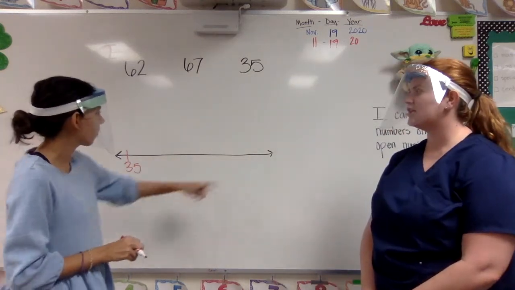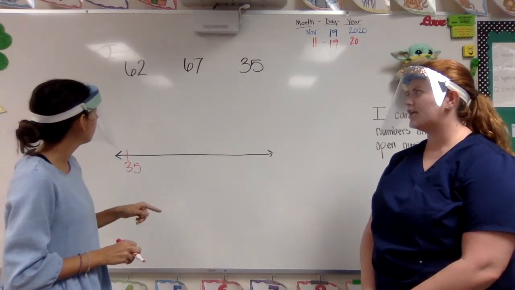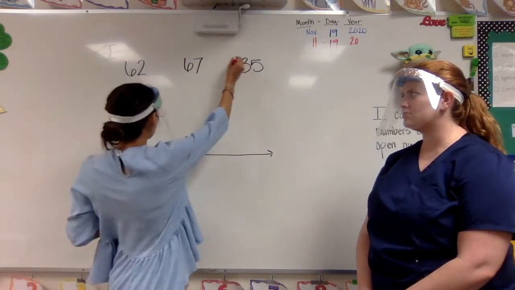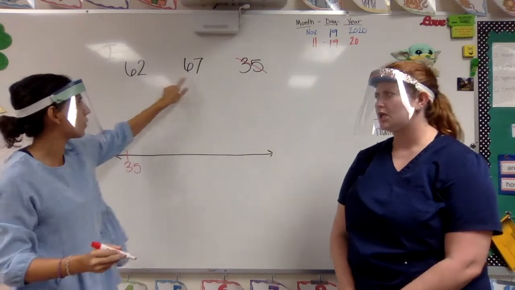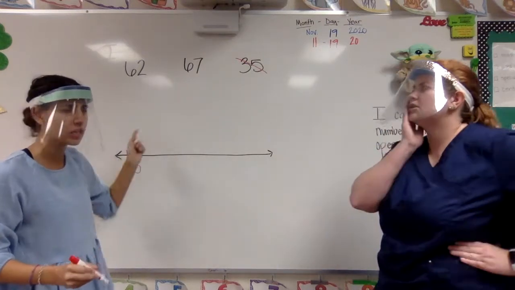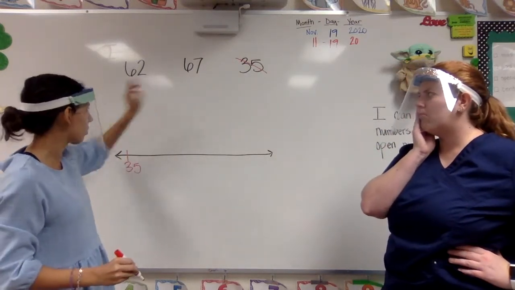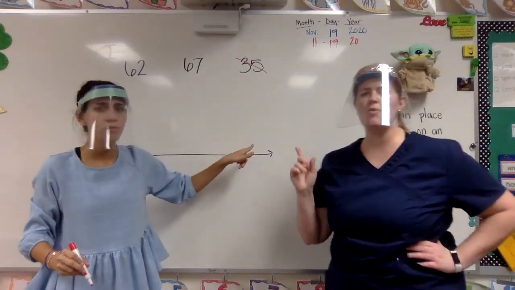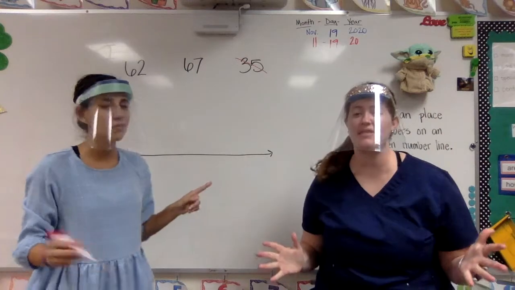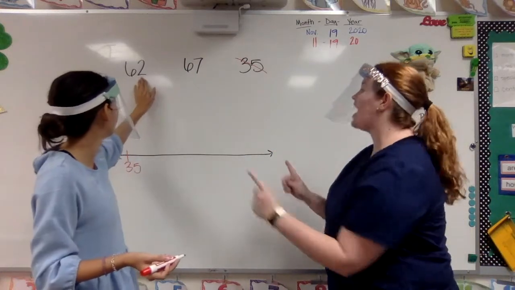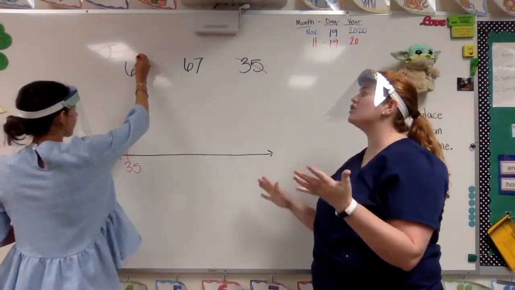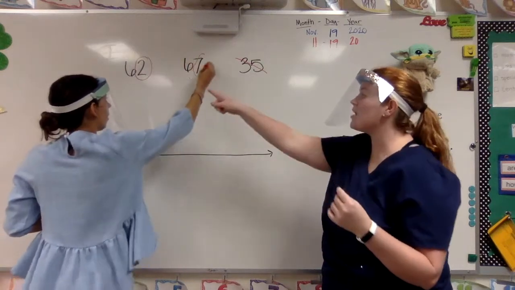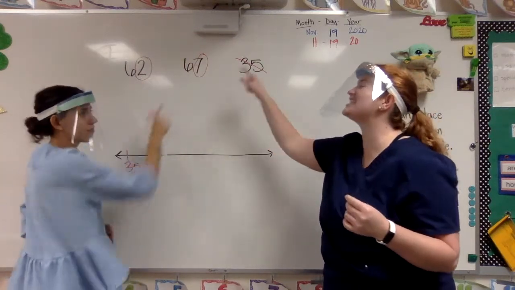And if I'm looking for the greatest number, Miss Lustico, I have 2 numbers with a 6 in the tens place. So do I just pick whichever one is closer to this side and put it? No, you know what? We did this yesterday, Miss Lustico. When the tens are the same, then you have to look at the ones. That has 2 ones. That has 7 ones.